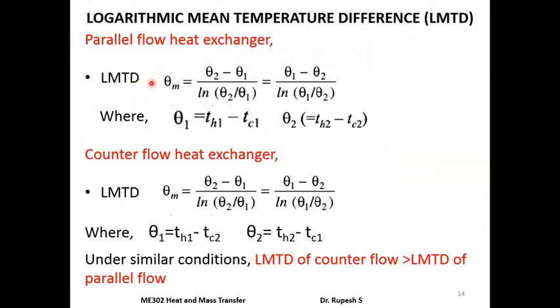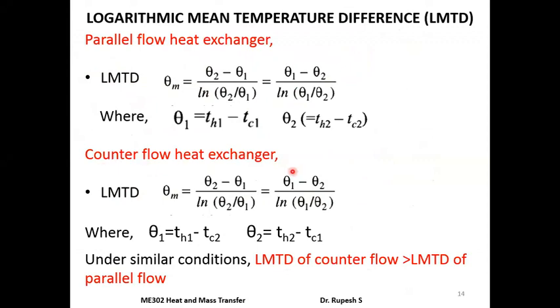This is the expression for LMTD for parallel flow heat exchanger, and this is the LMTD expression for counterflow heat exchanger. Even though these expressions for LMTD seem to be the same, the values of LMTD for parallel flow and counterflow heat exchangers are different.